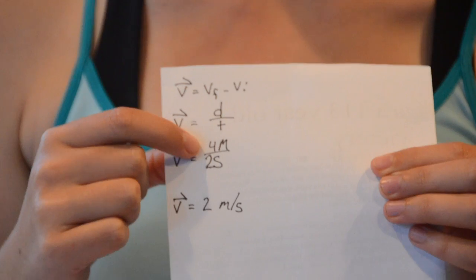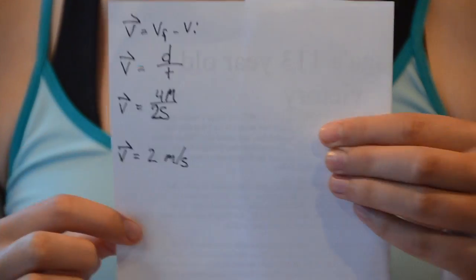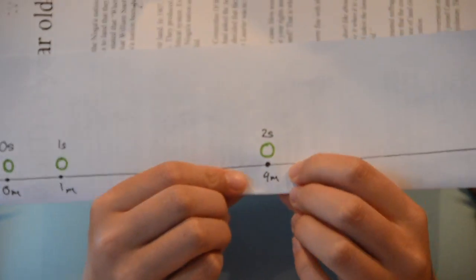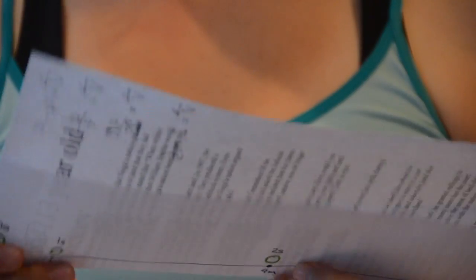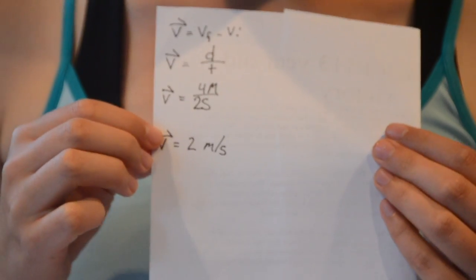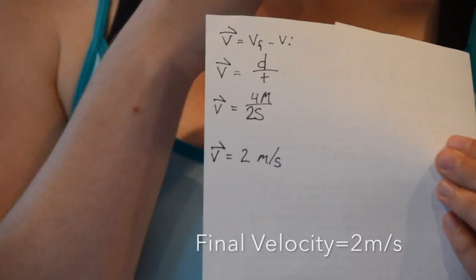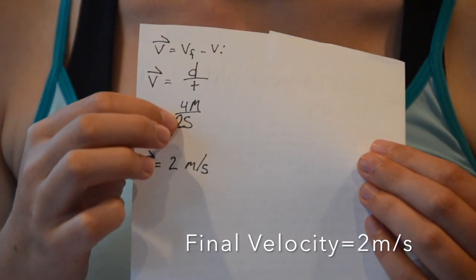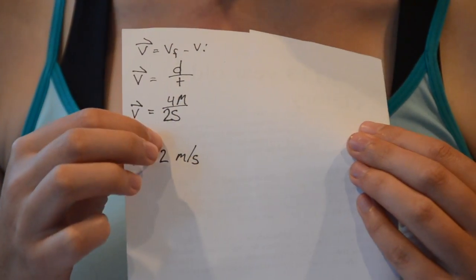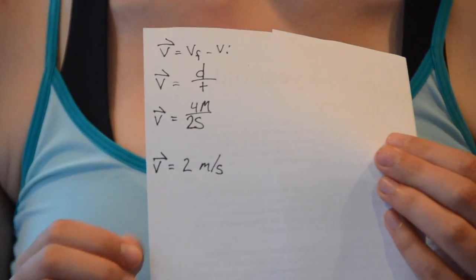And so we have 4 meters over 2 seconds, which is in the graph here, or data table. And then we have velocity equals 2 meters per second, because if you divide 4 by 2, you get 2, and it's meters per second.